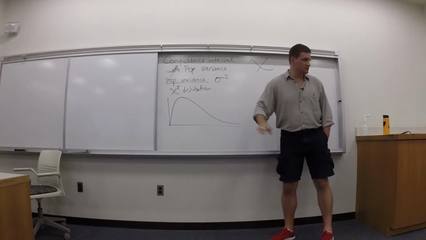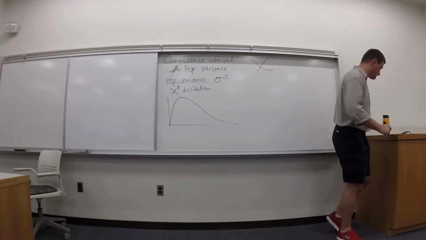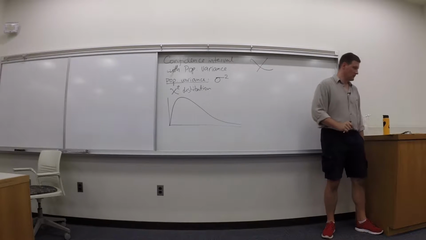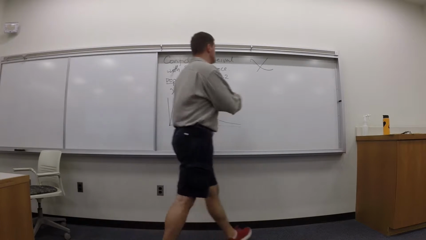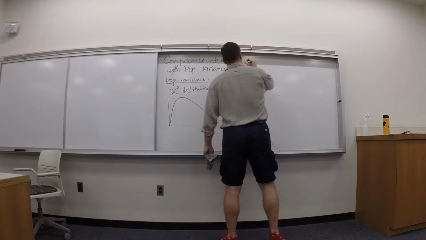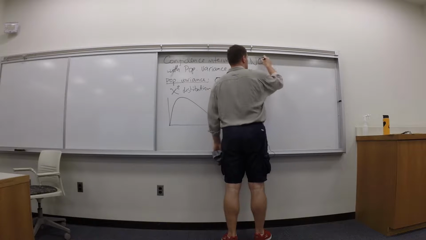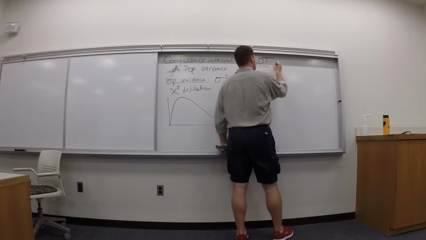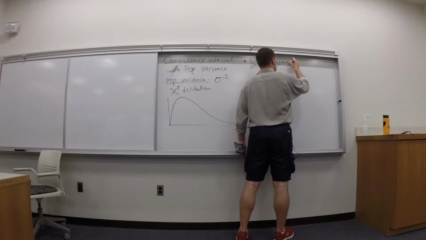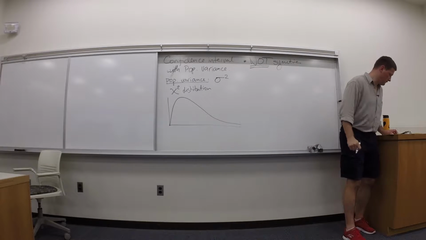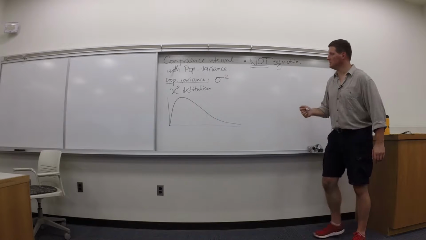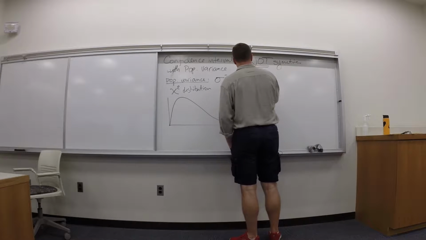So the chi distribution looks the following. It's not symmetric, so let's get some data on it. First one is it's not symmetric, and that's a biggie. Second part of it is values are non-negative.